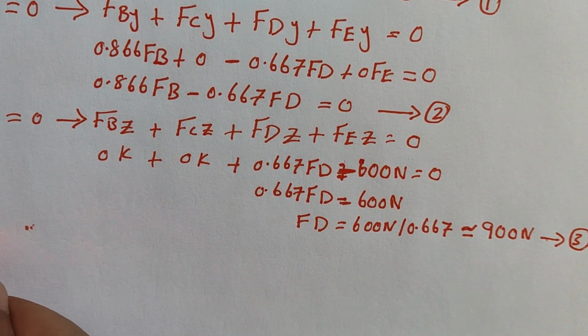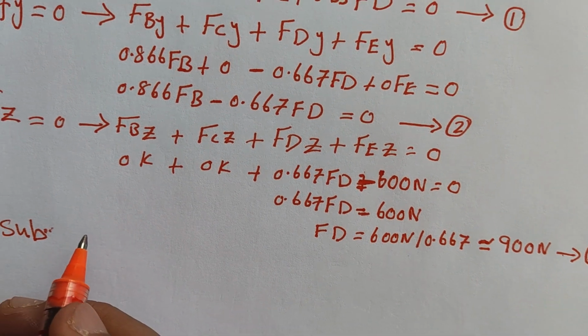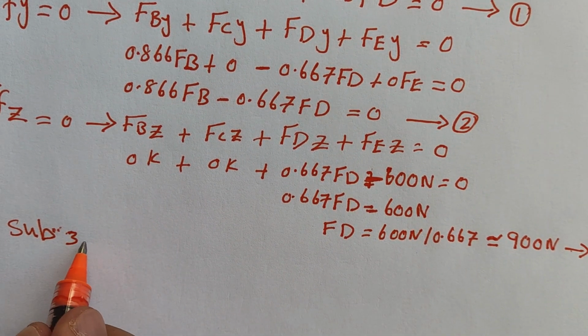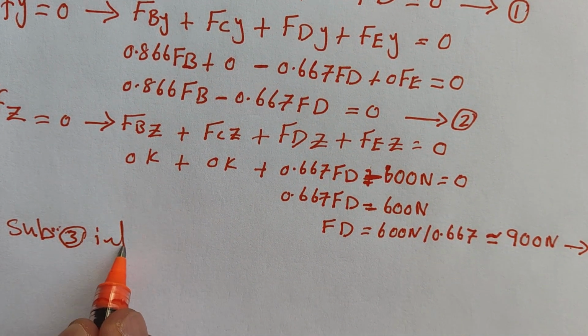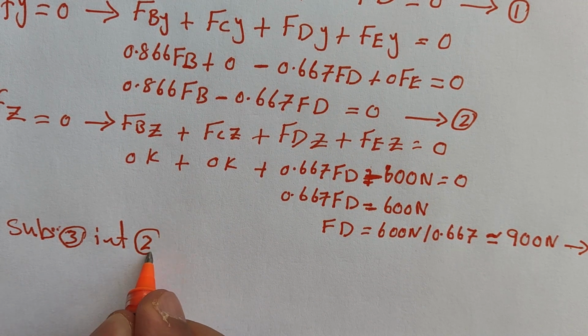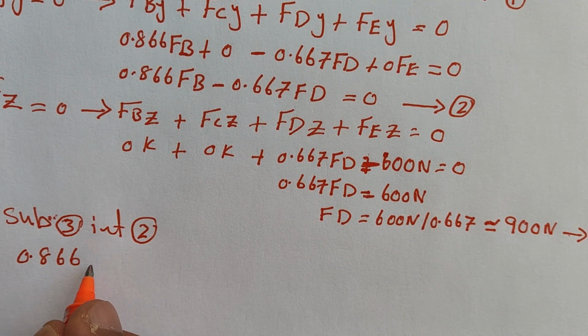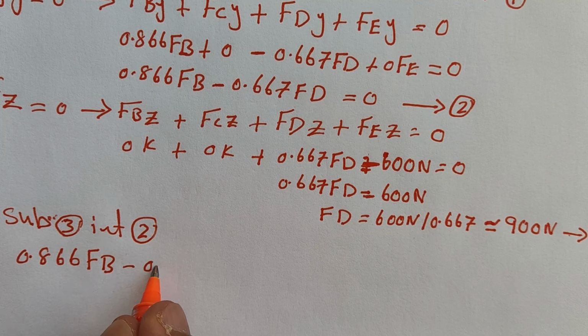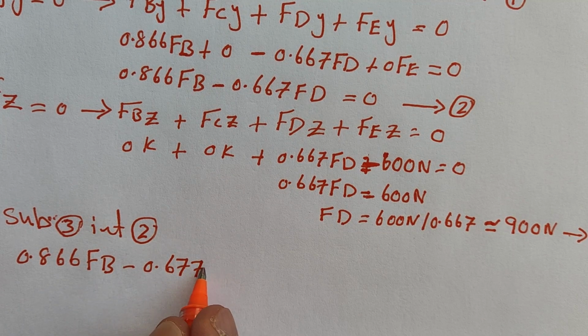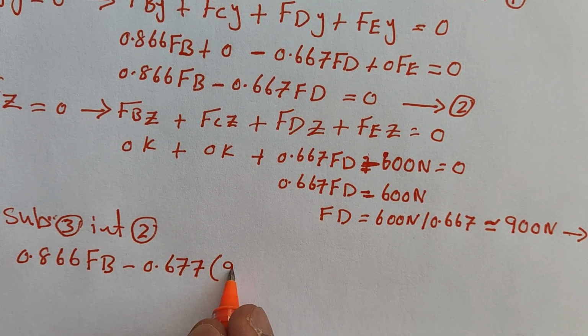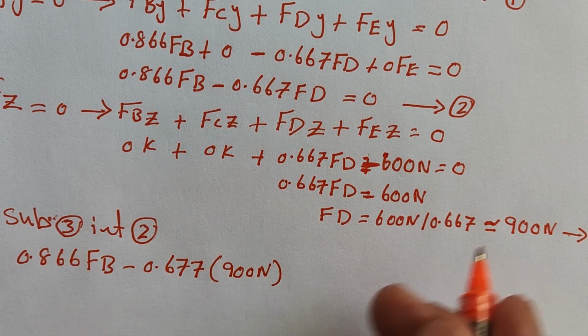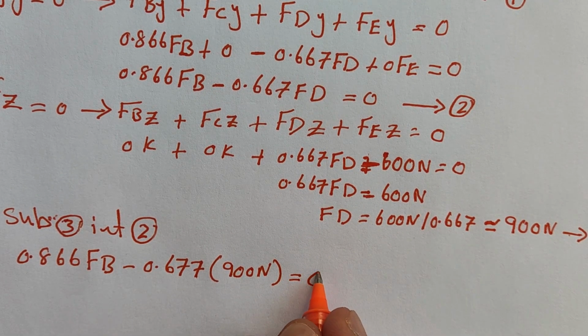So substitute 3 into 2. When you substitute 3 into 2, we have 0.866 FB minus 0.667 multiplied by the 900 Newton we just found. This should equal 0.